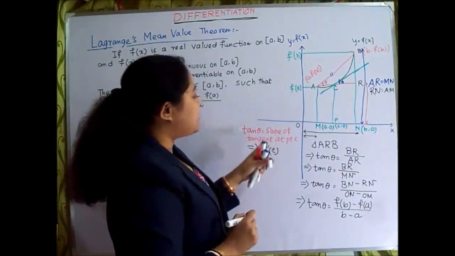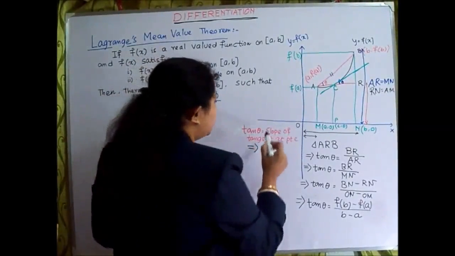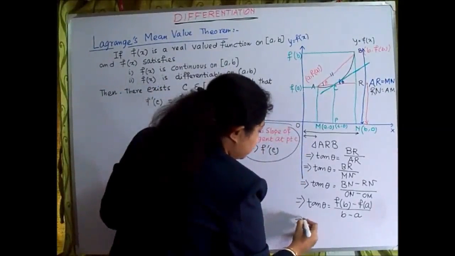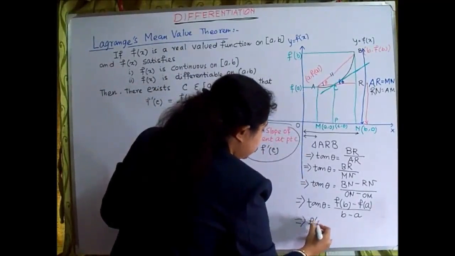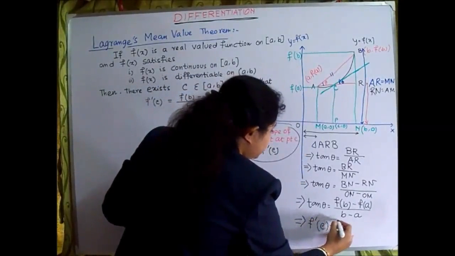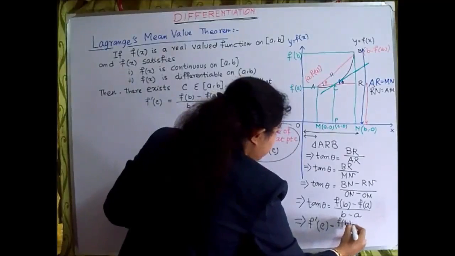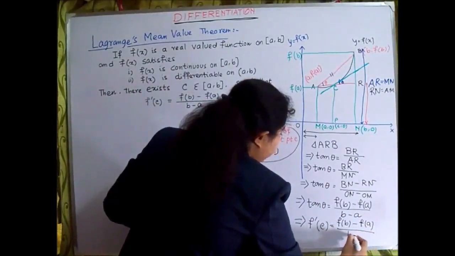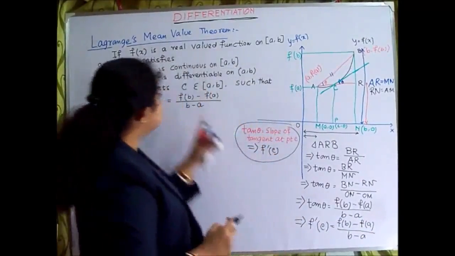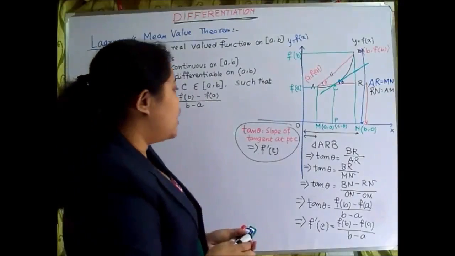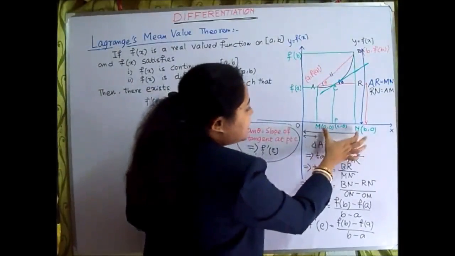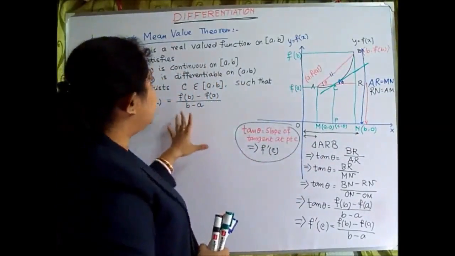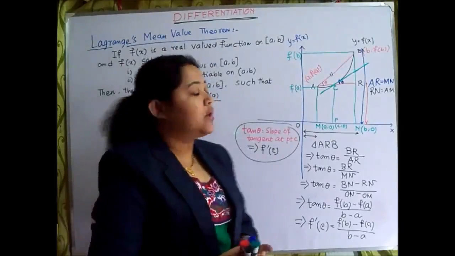Because the slope of the tangent at point C is simply A prime C. So we can write tan theta is equal to A prime C. Using this here, A prime C is equal to Fb minus Fa divided by B minus A. This is the Lagrange's mean value theorem, where C lies within A and B, right? So thus we arrive at the geometrical interpretation of the mean value theorem.